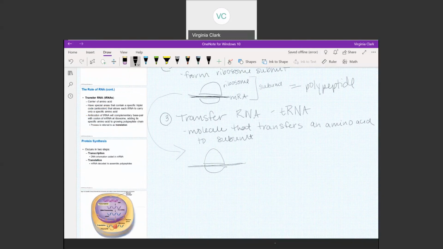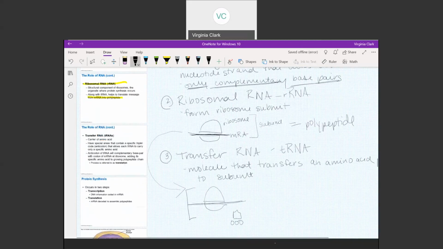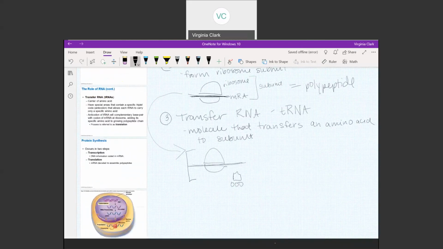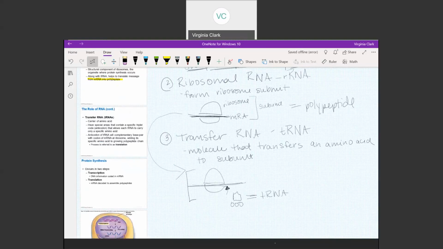If I take this subunit right here, I'm going to take this weird shape right here, and he's going to have my amino acid, which is my coding for those three, and essentially this guy right here is my tRNA, and he is going to transfer this amino acid onto my subunit. So what he's doing is he's combining your transfer RNA with your ribosomal RNA. It's going to make sense in a second when we actually talk about the process, but those are the terms that you just need to know.